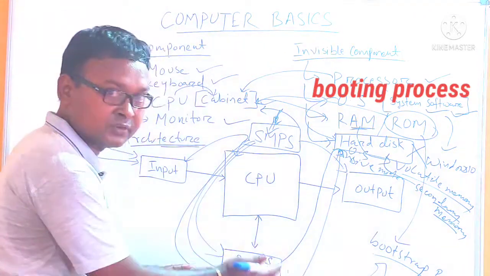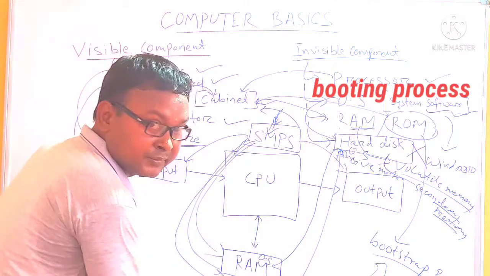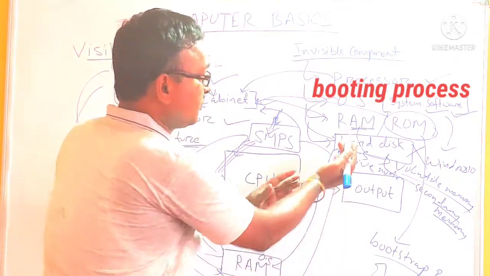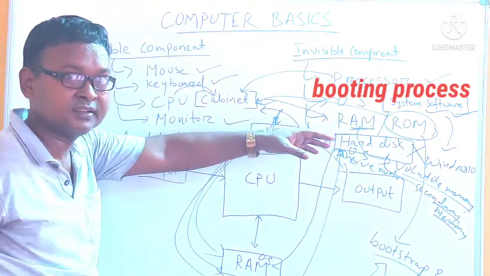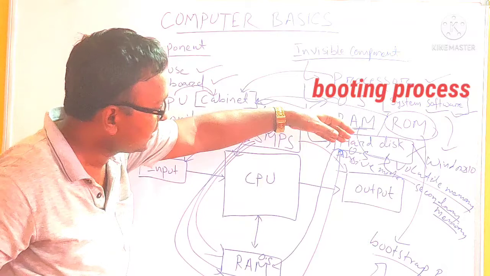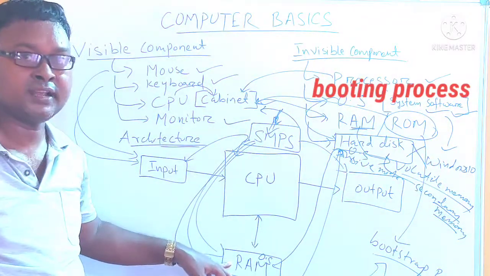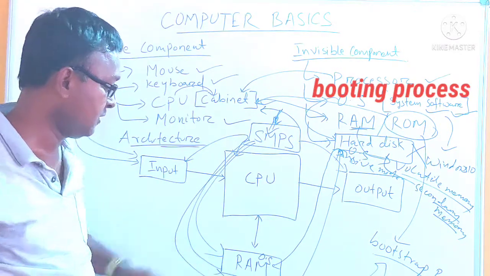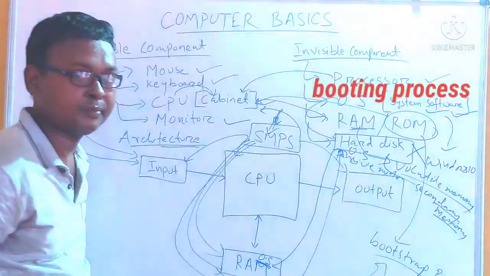So the booting process: SMPS to ROM, it activates the bootstrap program. The program will be running the operating system from your hard disk, and from your hard disk the operating system will be stored in the RAM. Now the operating system is installed in the RAM.